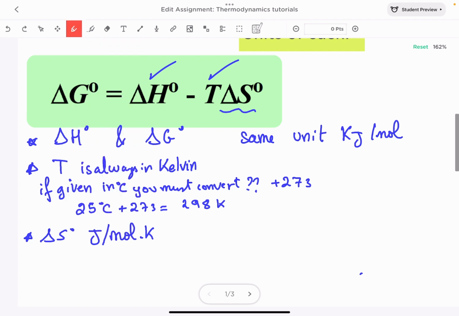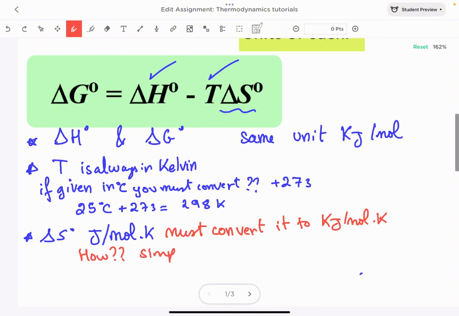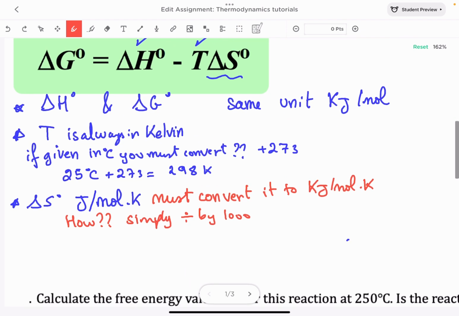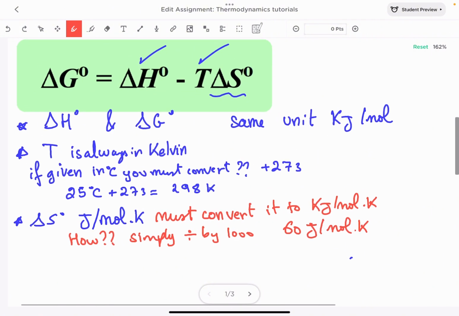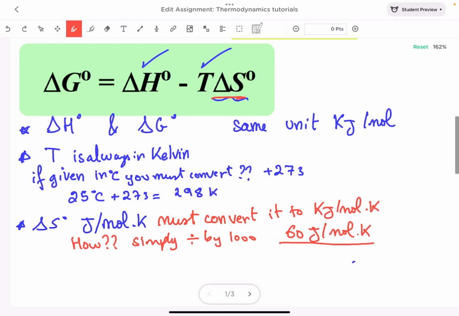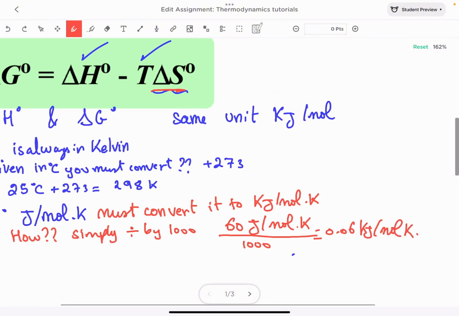How do you do this? You simply divide by 1000. So if I give you, for example, 60 joule per mole Kelvin, you cannot just write 60 over here immediately. You must divide it by 1000 in order to get the answer in kilojoule per mole Kelvin.